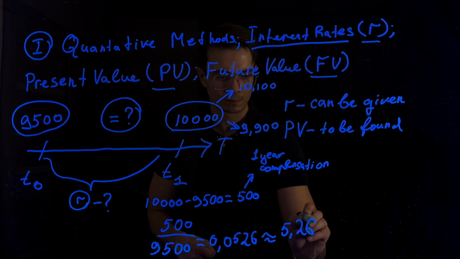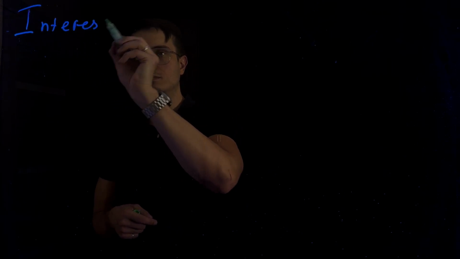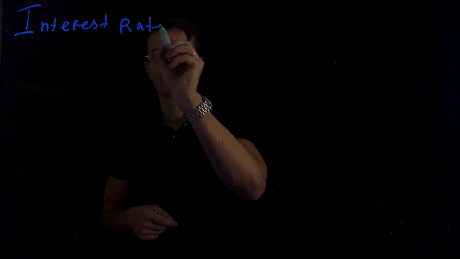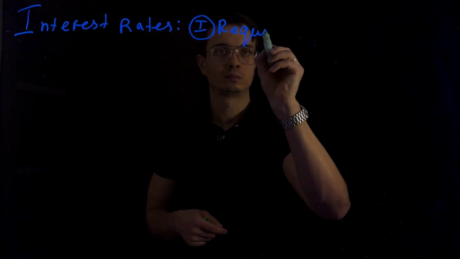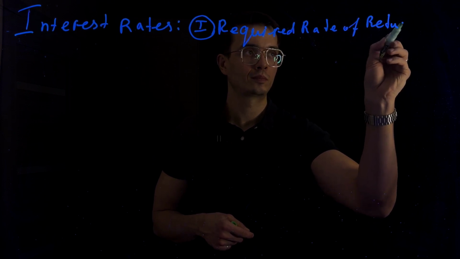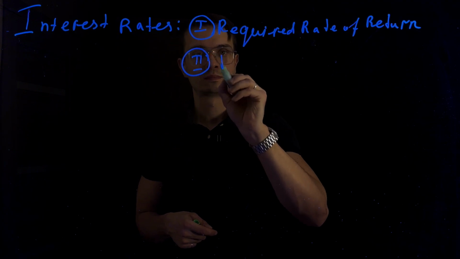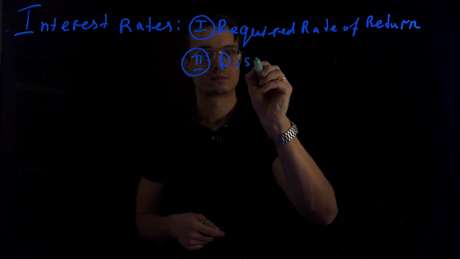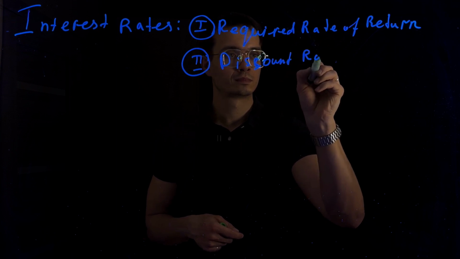Second, interest rates can be considered as discount rates. In the previous example, 5.26% is the rate at which we discounted the $10,000 future amount to find its value today. Thus, we can use the terms interest rate and discount rate almost interchangeably. Third, interest rates can be considered as opportunity costs.